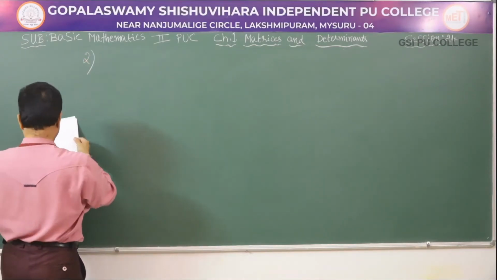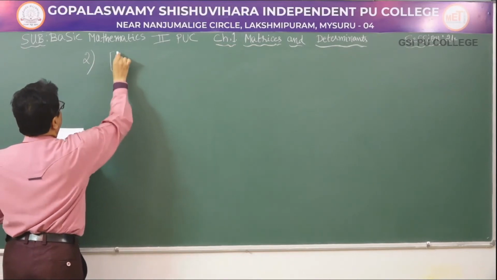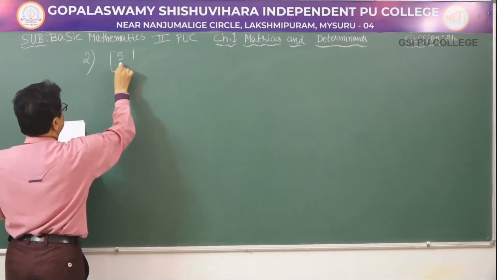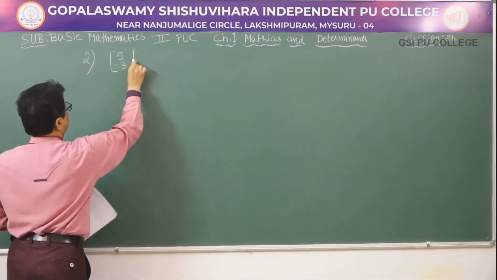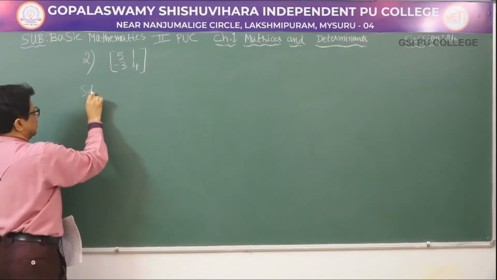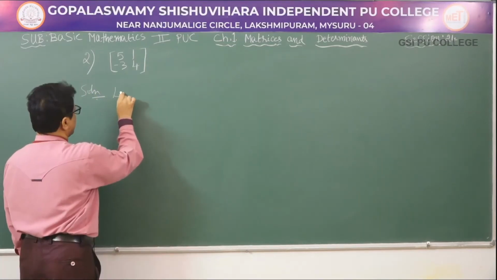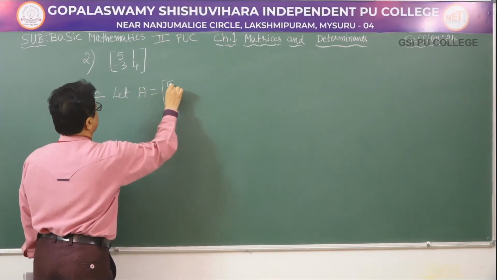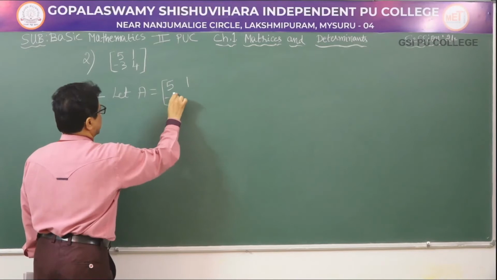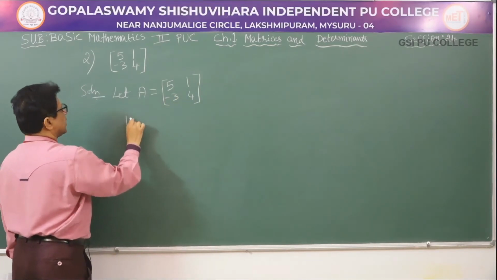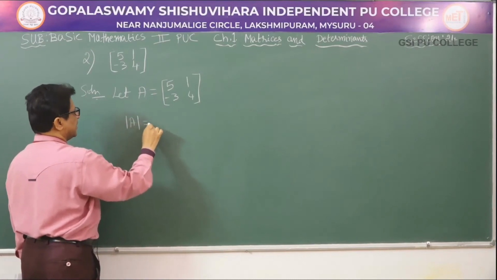Next problem, 5, 1, minus 3, 4. Solution. Let A equals 5, 1, minus 3, 4. Let us find the determinant of the given matrix.